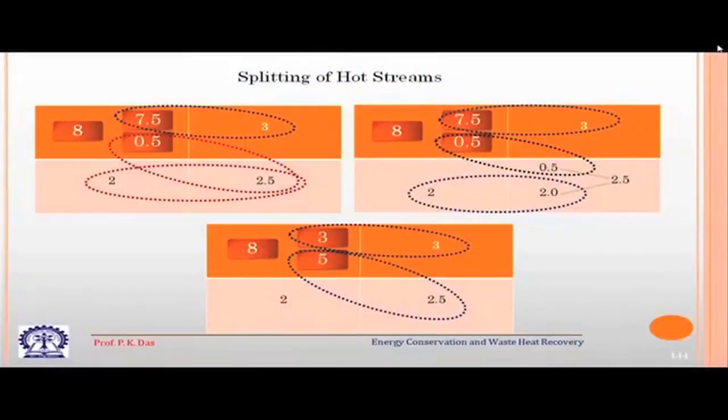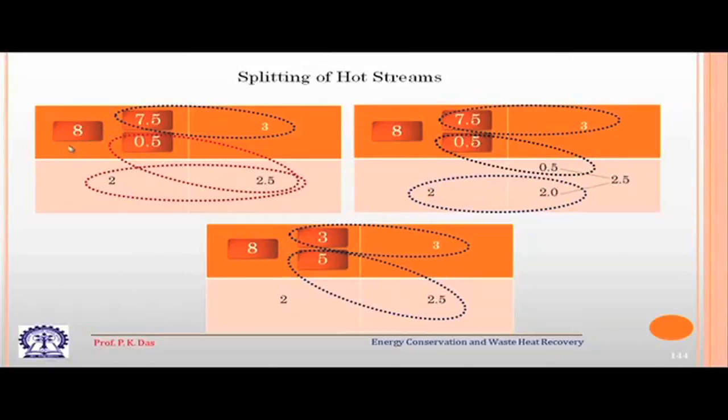So, while doing the cold end design of the heat exchanger network, we could see that we do not have any alternative, and we have to go for splitting the streams. Generally, at the cold end the hot stream is split. There are 2 hot streams, and the CH values given are 8 and 2.